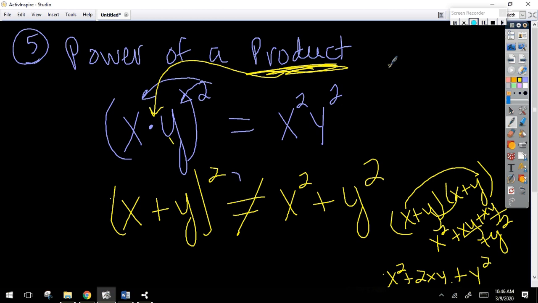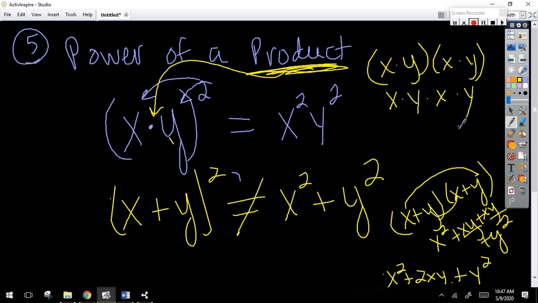So if I had x times y times x times y, those parentheses just imply multiplication, and since I'm multiplying in here, this is the same thing as x times y times x times y. Now I can add the exponents. That's why it works. They all work hand in hand, and this is just another example of how maybe you didn't see that it distributes through and you did it that way. It's not wrong.